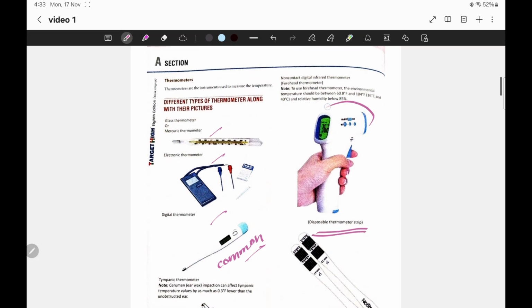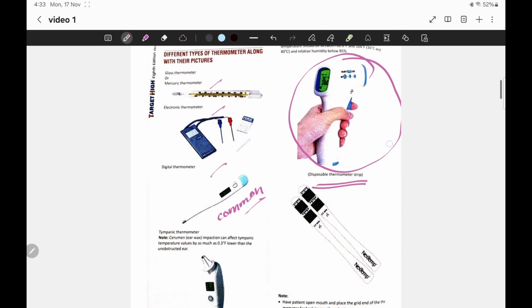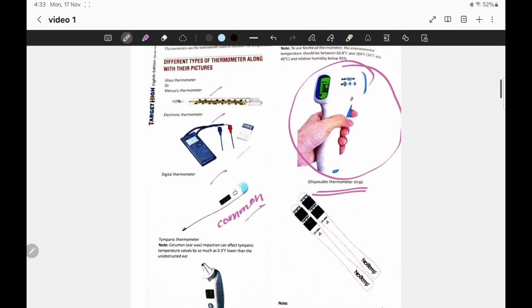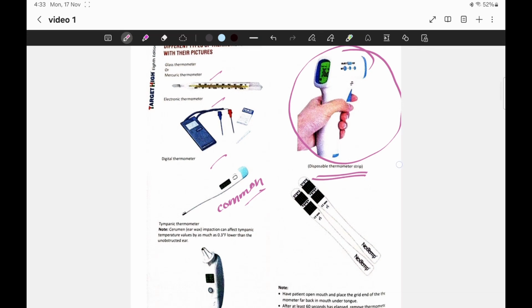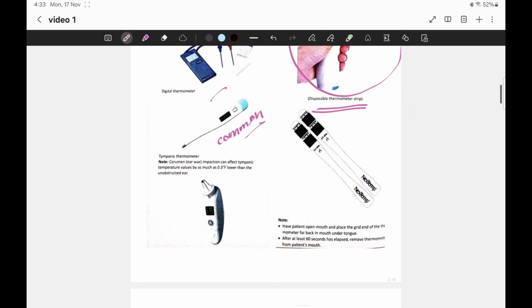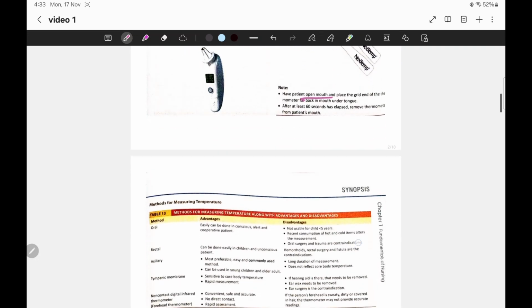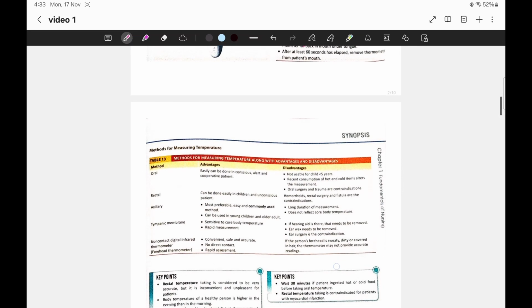In COVID time we saw forehead thermometers, which take temperature from the forehead, as well as the tympanic. Strip thermometers are also available, which are disposable, used one time only for the patient. We put the strip into the oral cavity or mouth, and then remove the thermometer after 1 minute or 60 seconds.